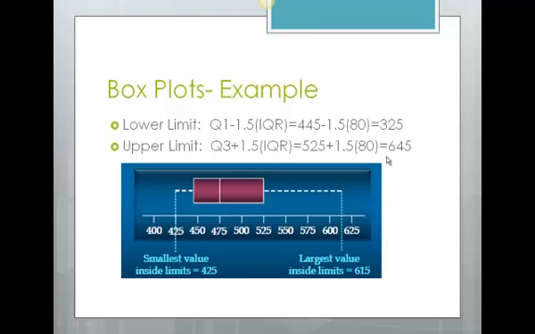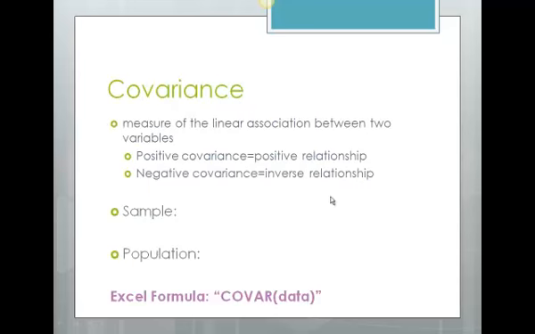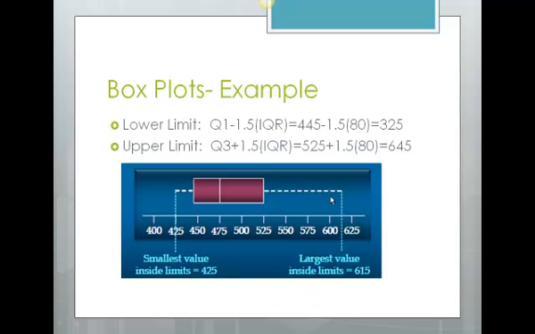So here I don't have any outliers because I don't have any observations that fall outside of this dotted line region. Now notice it seems a little weird because I'm saying my lower limit is 325 and yet I don't even see that on the chart.